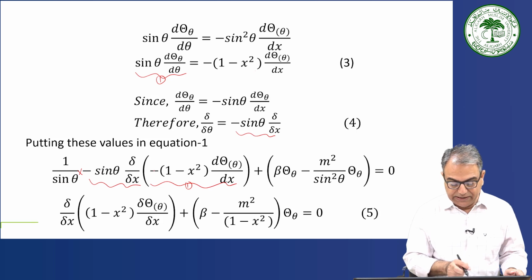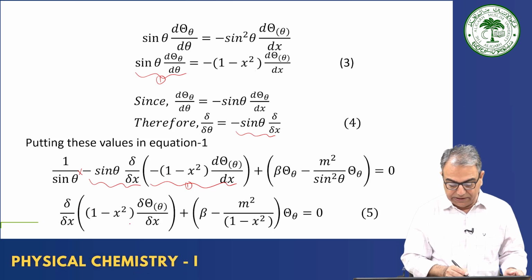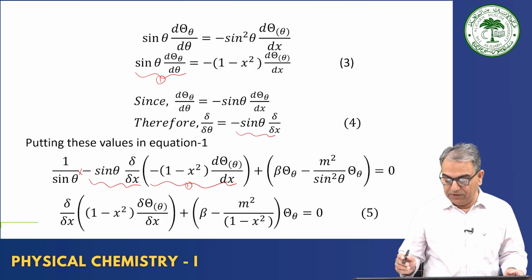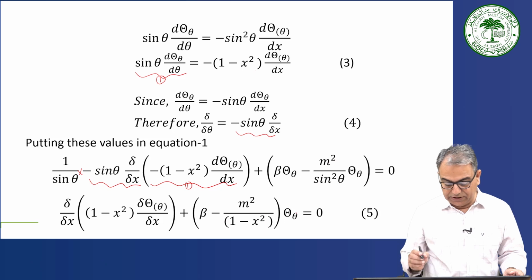And then you have a minus sign here, so inside it will be plus, and you will have only ∂/∂x: ∂/∂x of (1 minus x square) ∂Θ/∂x plus beta minus m square over (1 minus x square), times Θ. See, beta minus m square over sin square theta is beta minus m square over 1 minus x square.